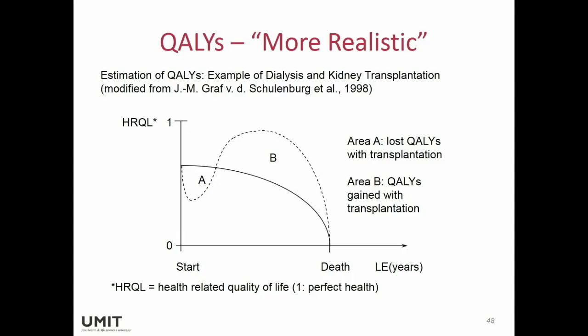This is from a book showing what QALY means. In this example, it's health-related quality of life on the y-axis, and on the x-axis time in years. And this compares dialysis and kidney transplantation. So the solid line shows you the life of a person remaining on dialysis. Over time, quality of life gets worse and worse, and then the patient dies.